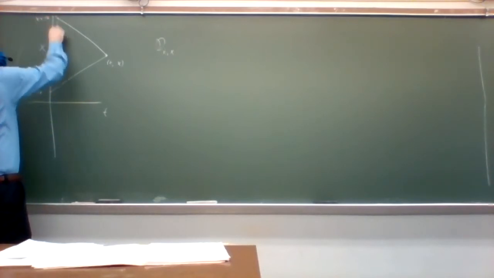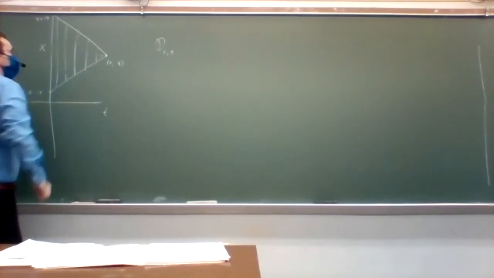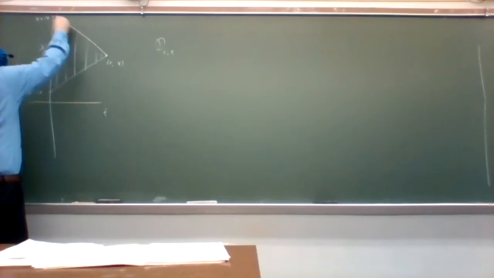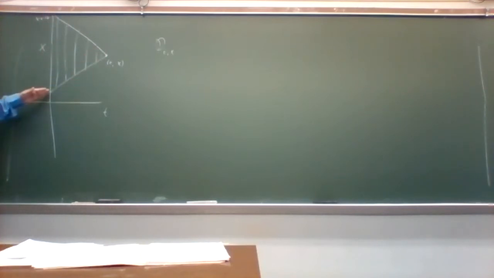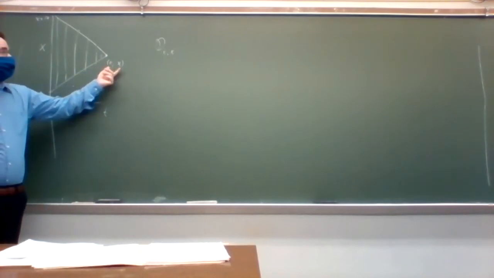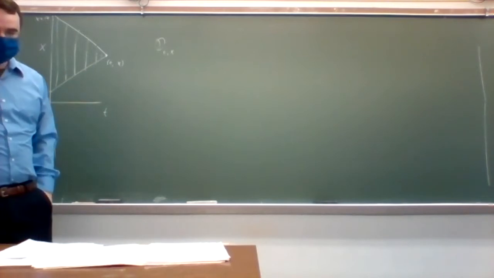Just consider those characteristic lines emanating from these two points. This is the line with the positive slope starting from x minus ct, and similarly for the other. The triangle that you then construct, together with its boundary, is called the domain of dependence of the point tx. It's a fixed point that creates that triangular domain for you.